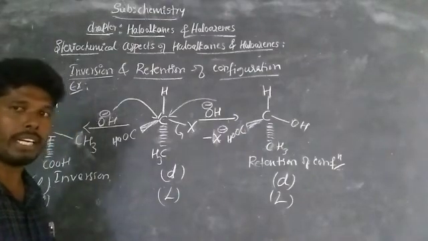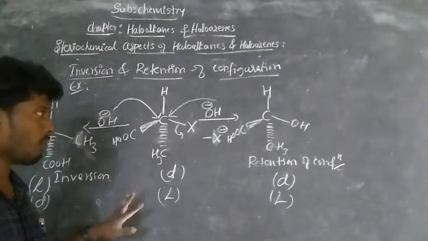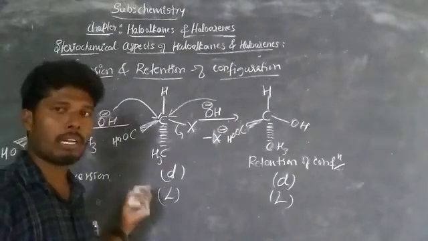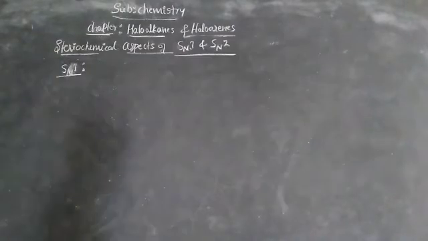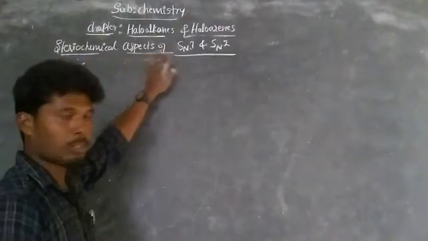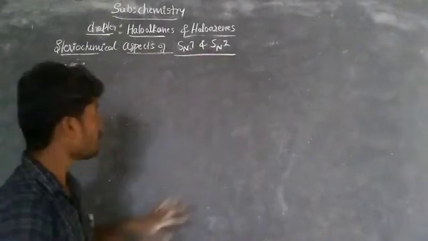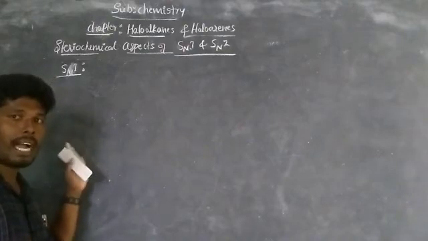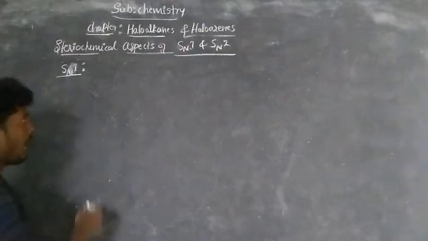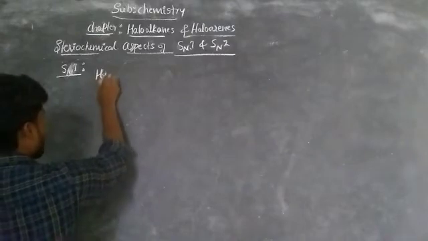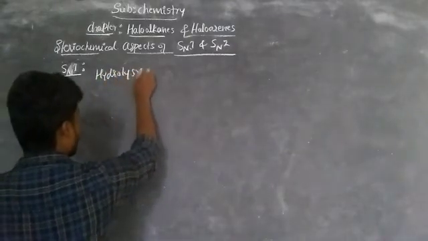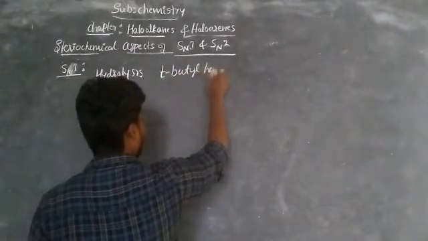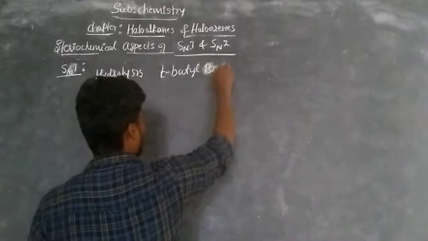Now we are going to study the stereochemical aspects of SN1 and SN2 reactions, nucleophilic unimolecular and nucleophilic bimolecular. So let's take SN1 first. The example for SN1 is the hydrolysis of tertiary butyl halide, or simply we take tertiary butyl bromide particularly.